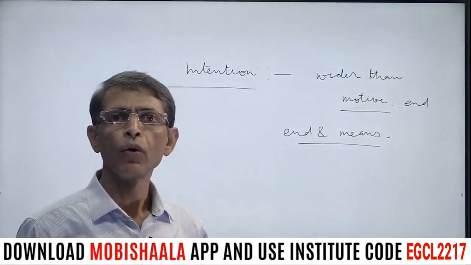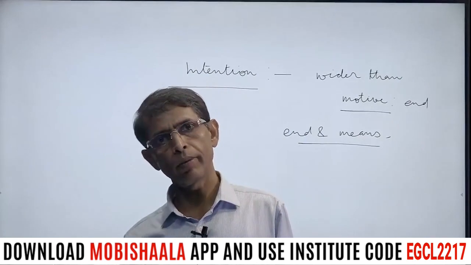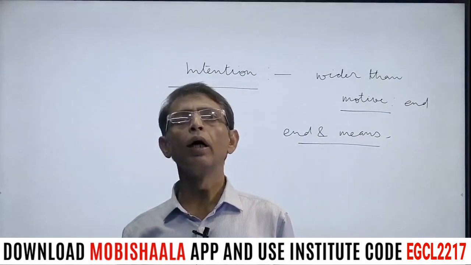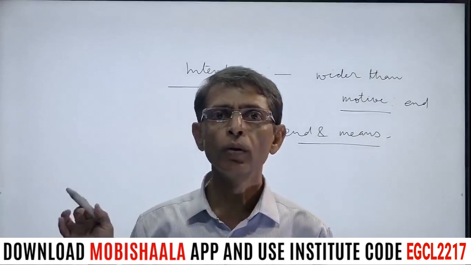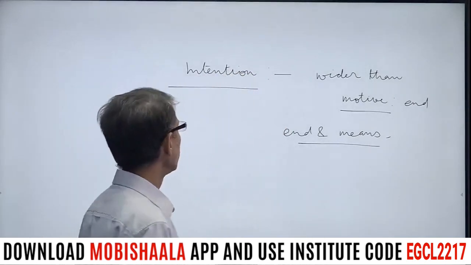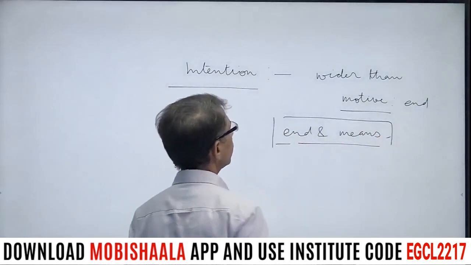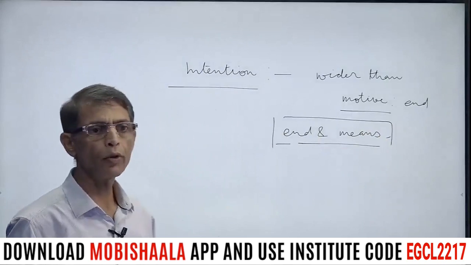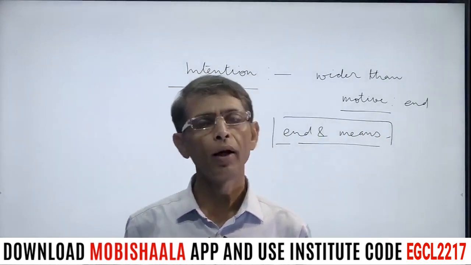of morality, examination of morality, or whether the means is also subject to examination. So now end and means both, we will be discussing with the moral judgments, when we discuss the right. Now, we have to take only the definition of motive and intention.